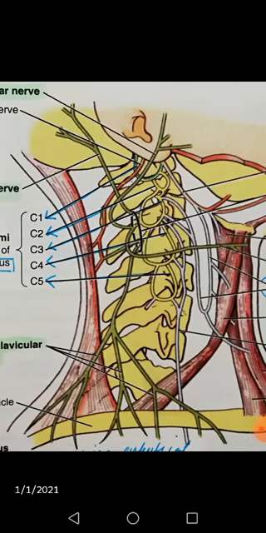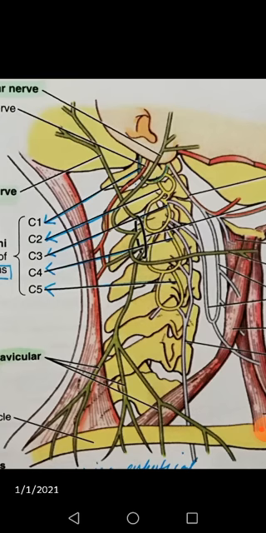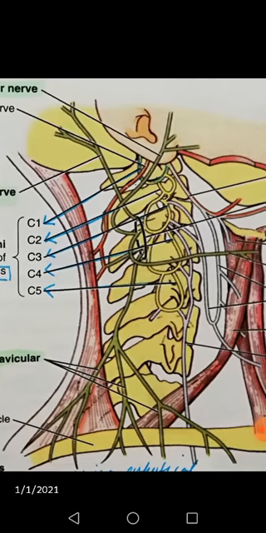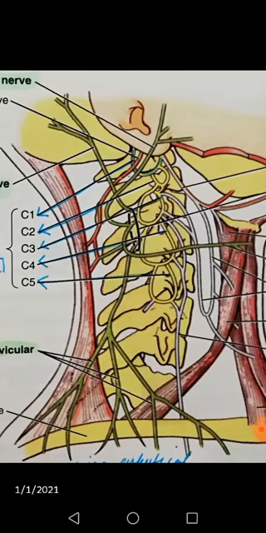These are basically superficial, sensory, and are going to supply the skin of the respective regions like head, neck and a little part of the shoulder. So the nerves that cover the lateral aspect are superficial, sensory and go to the skin or cutaneous area. So 3S you would remember for the nerves located laterally.